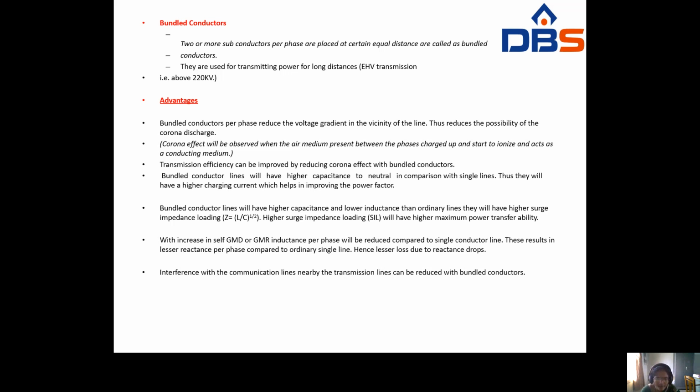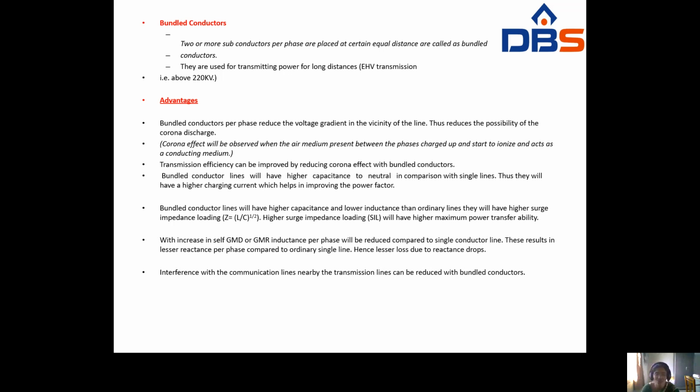Okay, so next one is what? Bundle conductors have higher capacitance and lower inductance than ordinary lines, so they will have higher surge impedance loading. Compared to ordinary single lines, bundle conductors have high capacitance and lower inductance, and because of that they exhibit higher surge impedance loading.